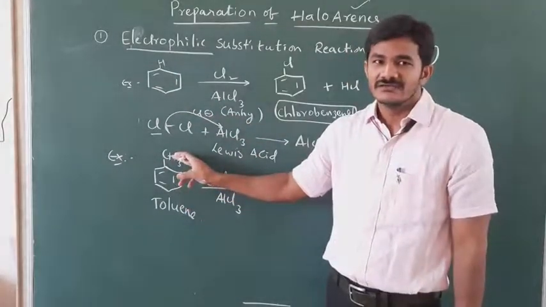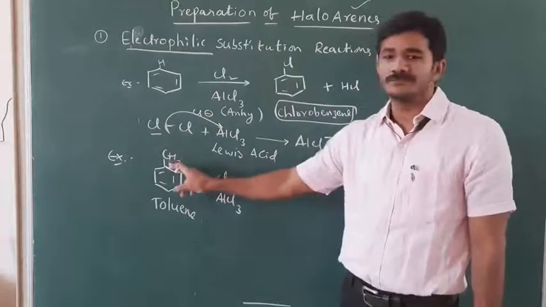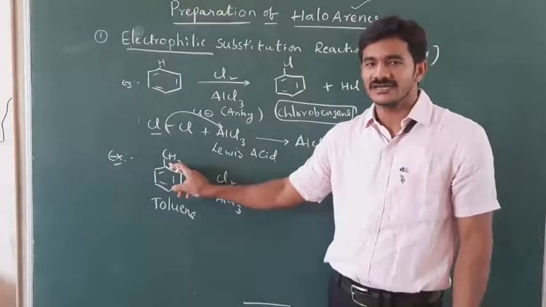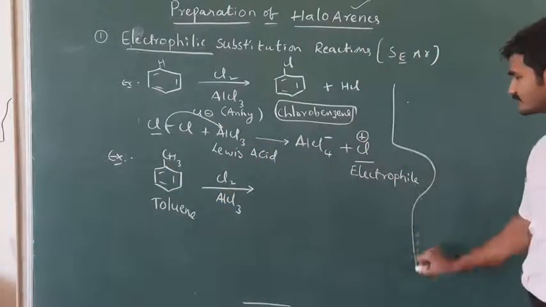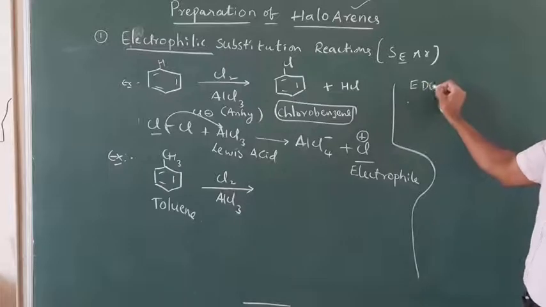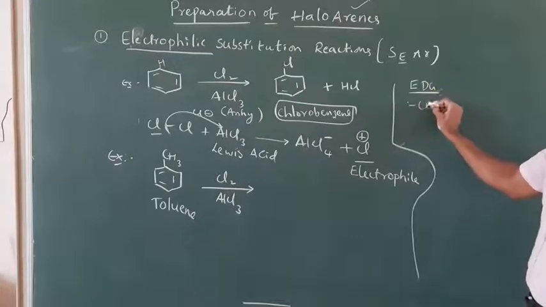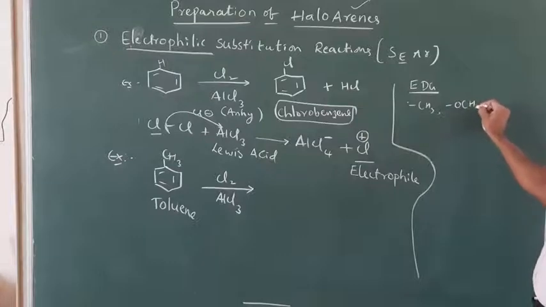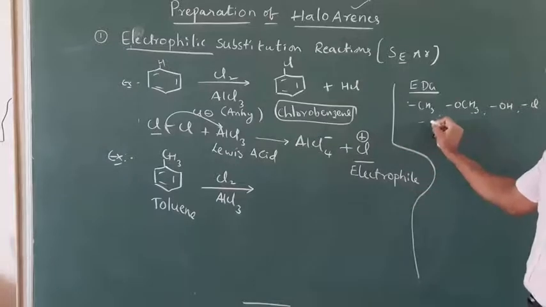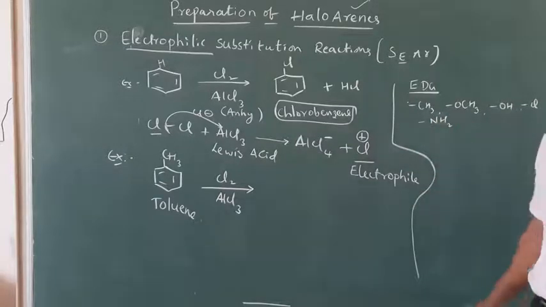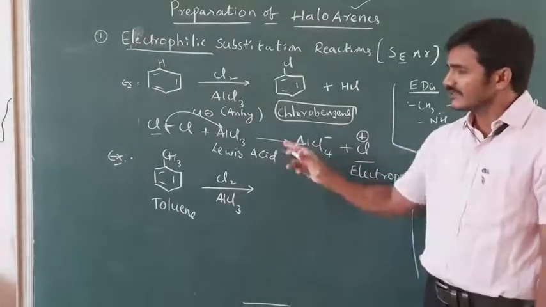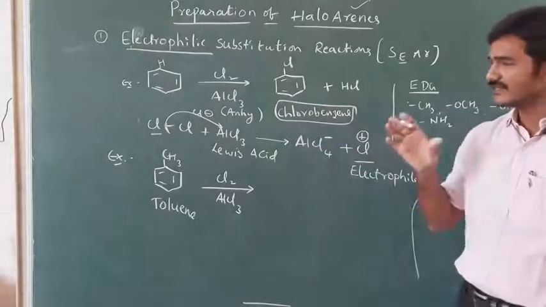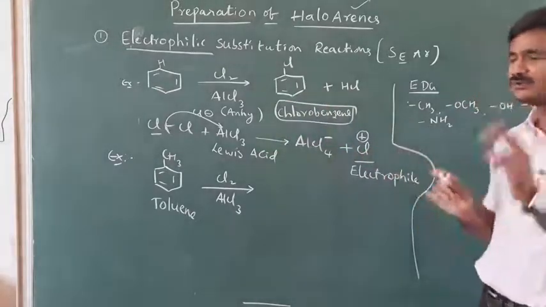The products will always depend on this group, whether it is electron donating or electron withdrawing. Electron donating groups are CH3, methoxy group, OH group, halogens like chlorine, NH2. Whenever such electron donating groups are present on the benzene ring, the electrophile can substitute at 2 positions.